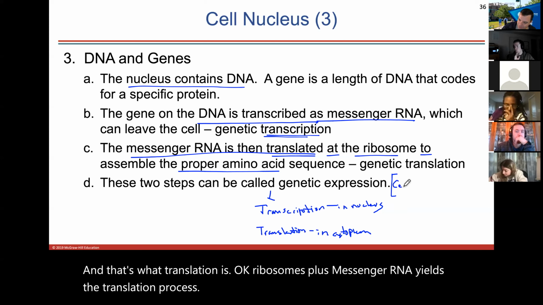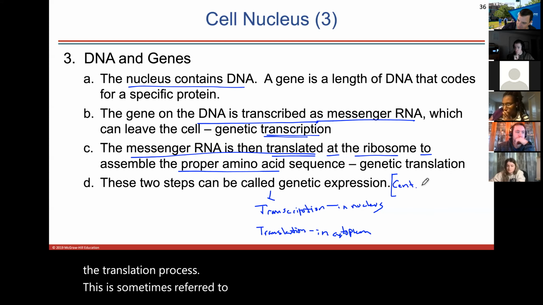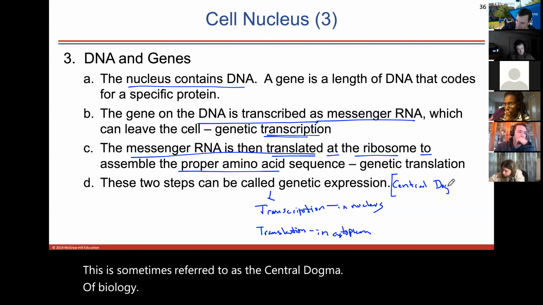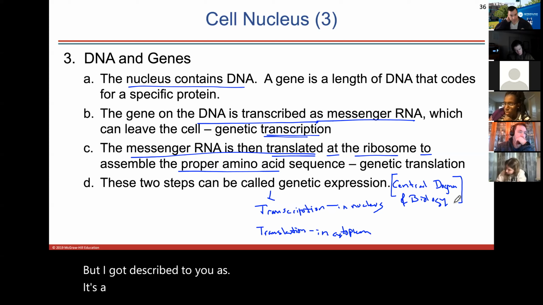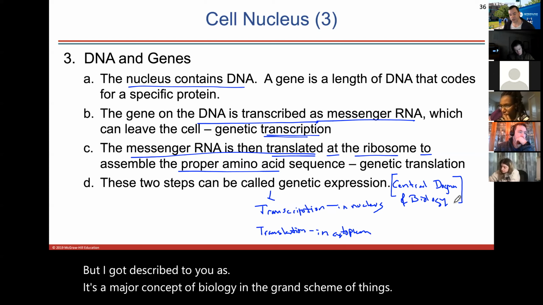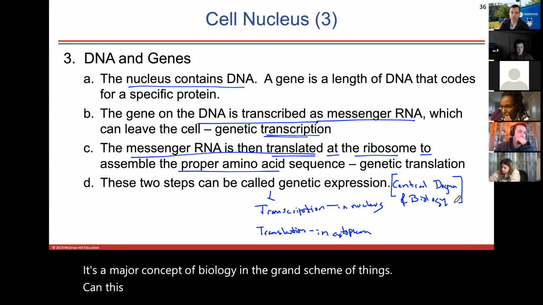This is sometimes referred to as the central dogma of biology. So if you've had 101, that's probably what it got described to you as. It's a major concept of biology in the grand scheme of things. This transcription translation process is how we get from DNA to an actual physical protein.